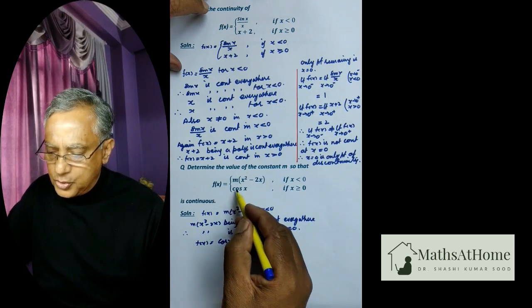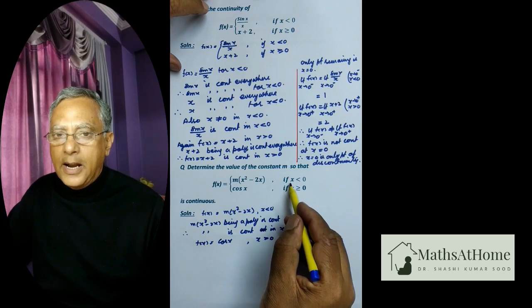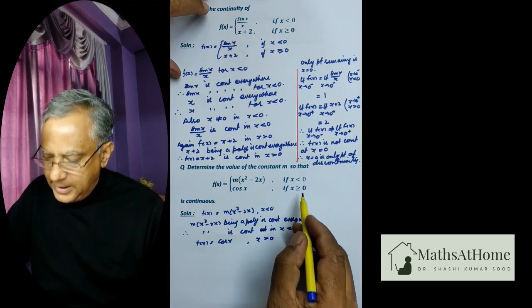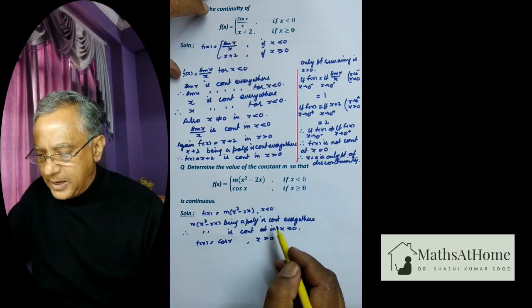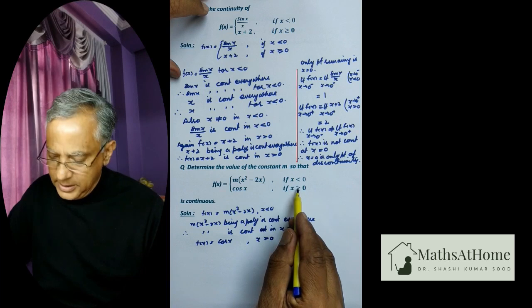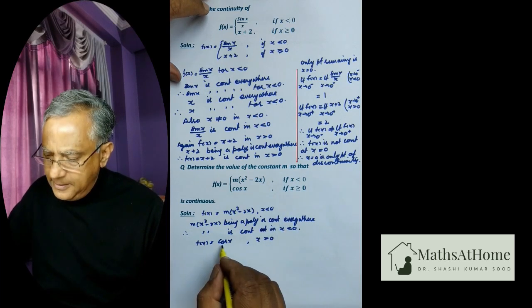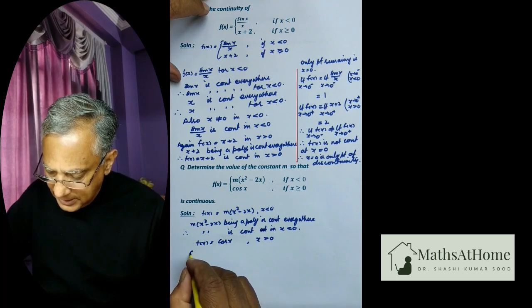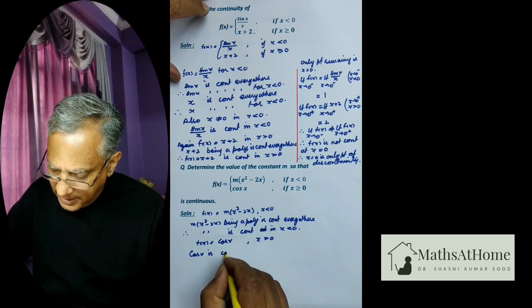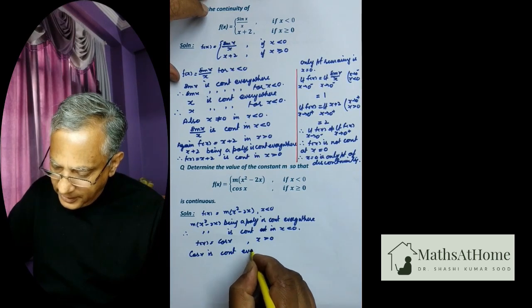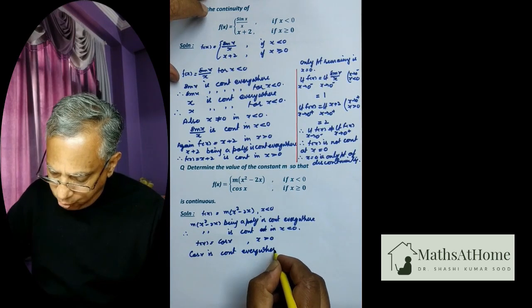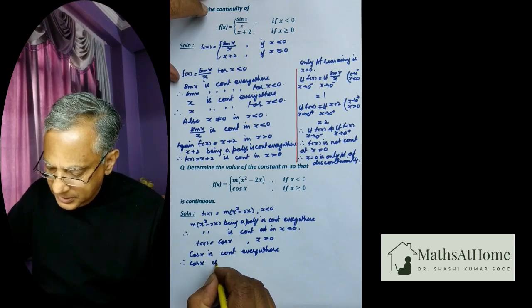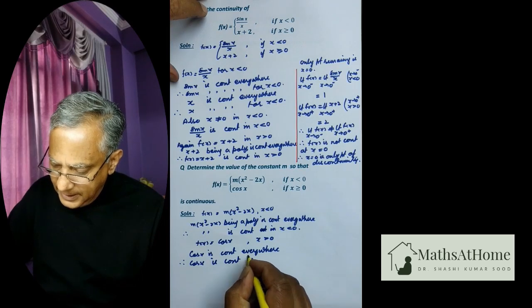Therefore, at x equal to 0, we must consider the left and right limits separately. So I am not considering this point here. We will have to consider the left and right limits separately for this point. So I am taking f(x) equal to cos x for x greater than 0. And we know cos x is continuous everywhere, and therefore cos x is continuous in x greater than 0.